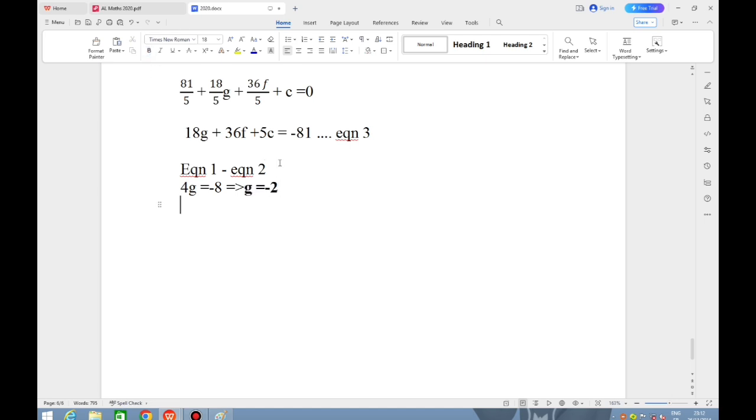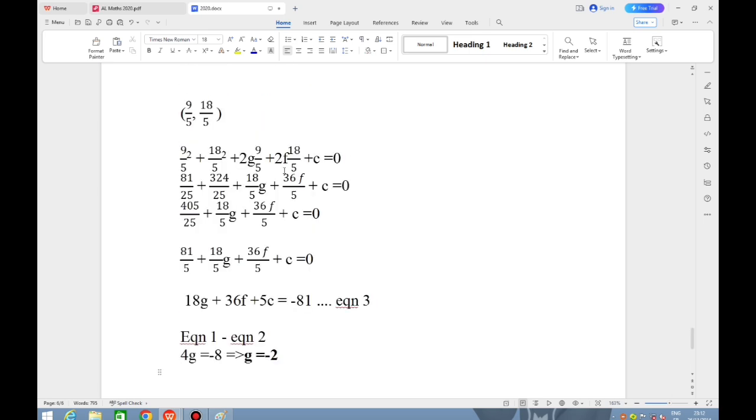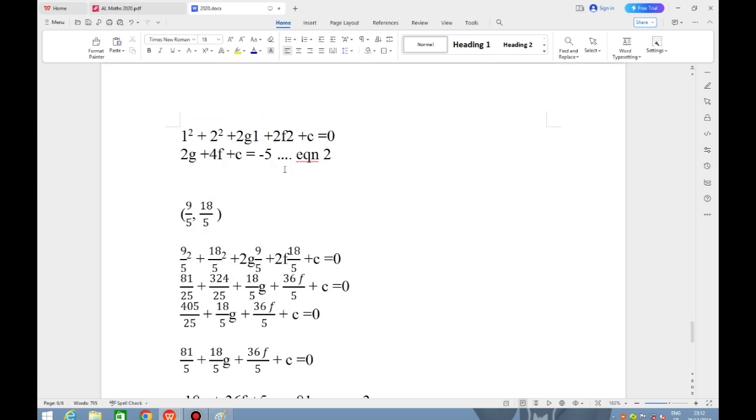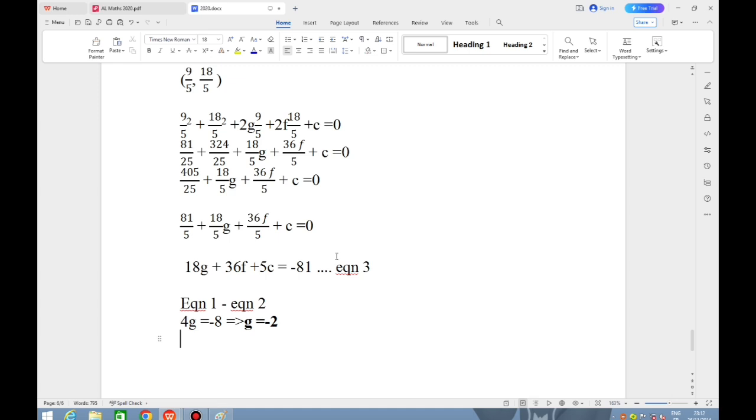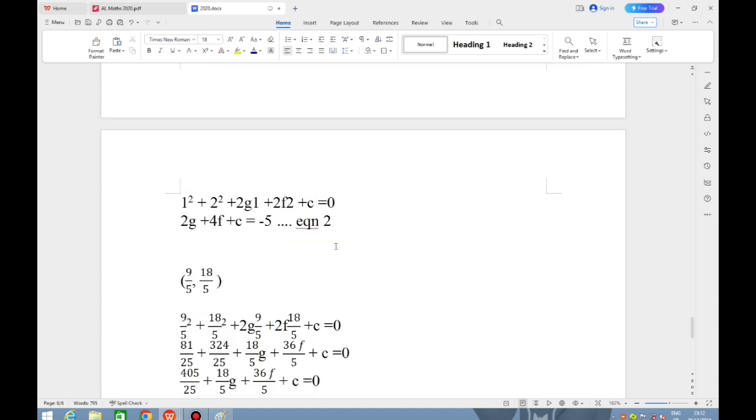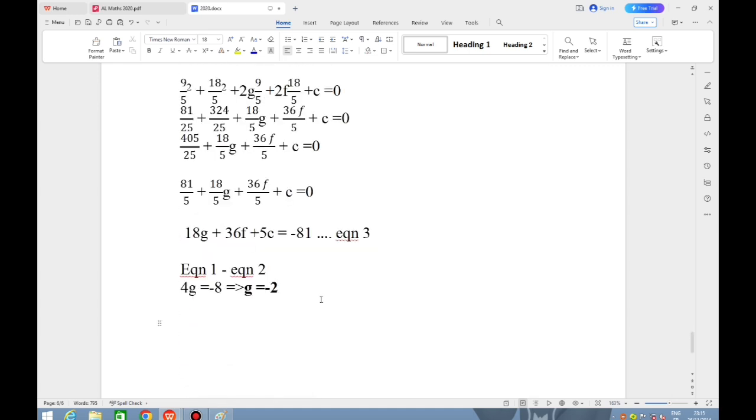Now we proceed to finding the other values. We substitute the value of G into equation 3 to get another equation. Substituting G equals negative 2 gives us negative 36 plus 36F plus 5C is equal to minus 81.